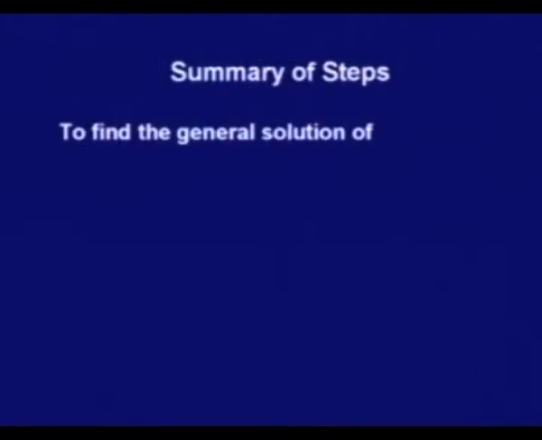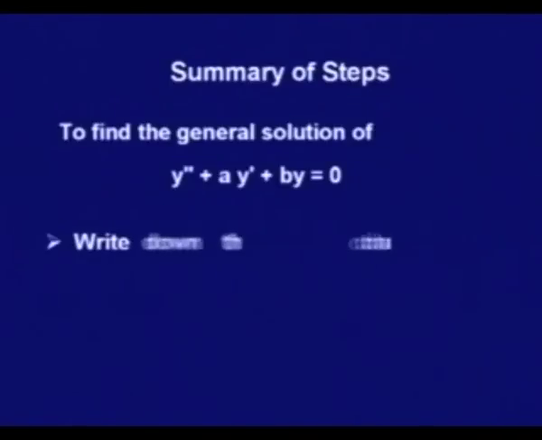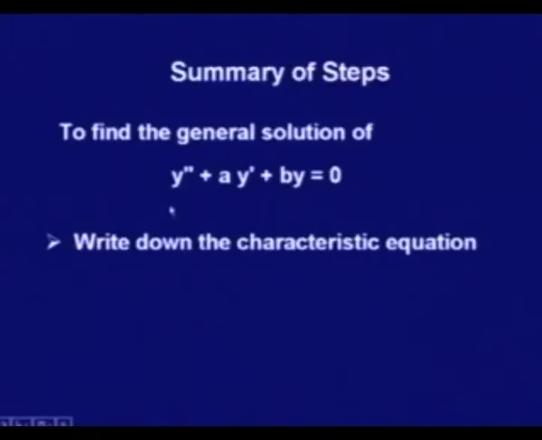To find the general solution of y double dash plus a y dash plus b y is equal to 0, where a and b are constants, first we write the characteristic equation. We write a quadratic equation in lambda, where the coefficients are the same as the coefficients of the given differential equation, that is lambda square plus a lambda plus b is equal to 0.